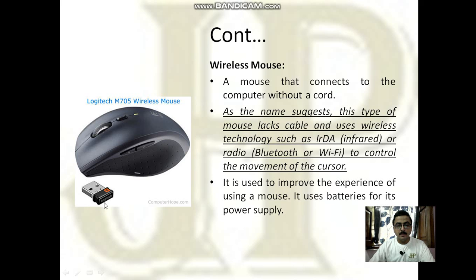Here you see the extra device that should be connected to the computer, and then this mouse can work fine. It is used to improve the experience of using a mouse. It uses batteries for its power supply. I think now it's very clear about the types of mouse.